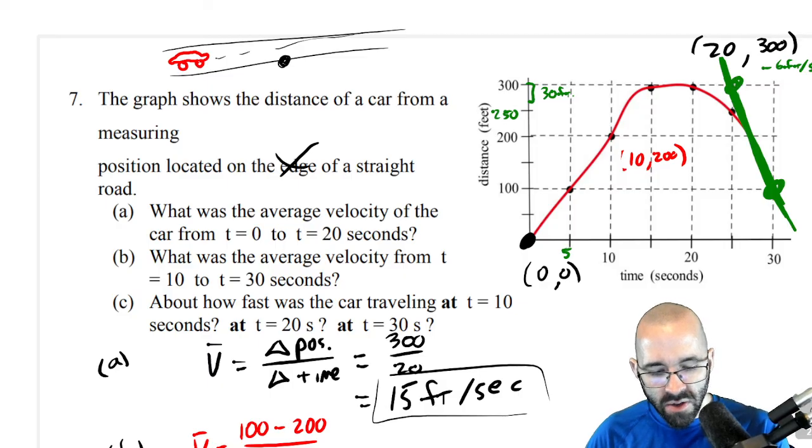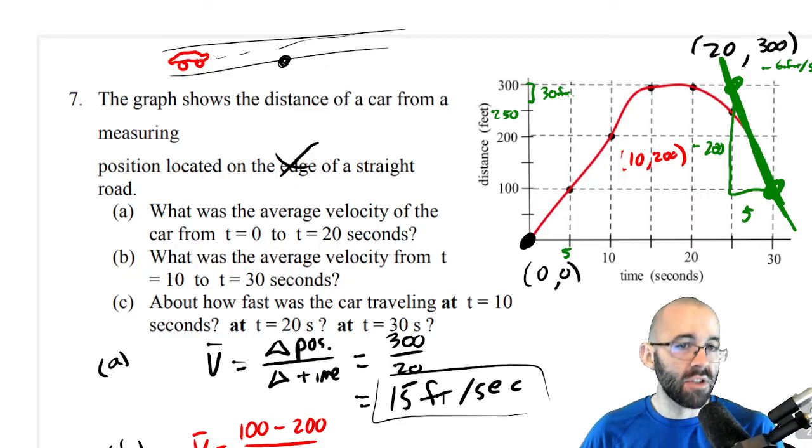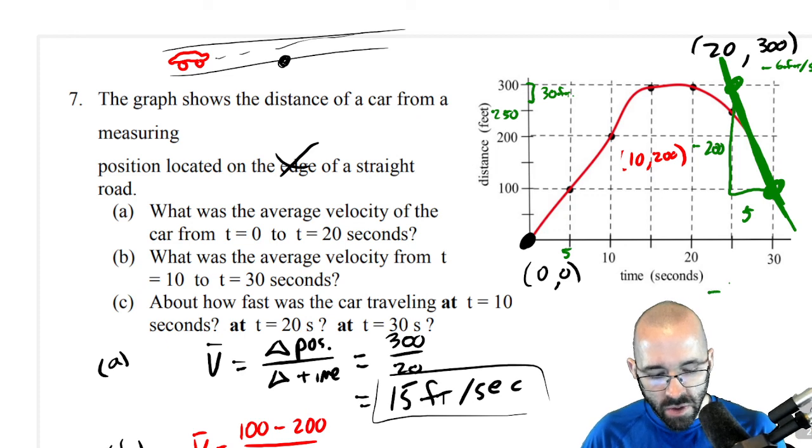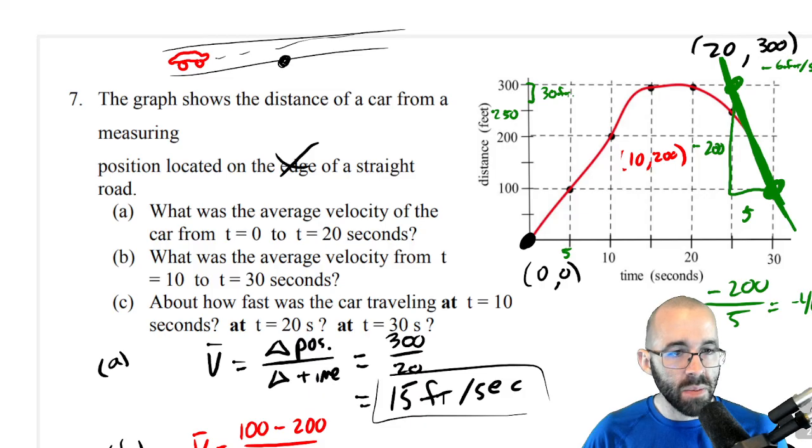Try to find the rise over run. The run is, again, 5 seconds. The rise is 200 feet. But it's actually falling 200 feet, right? We're going down 200 feet. It'll be about rise over run, -40 feet per second.